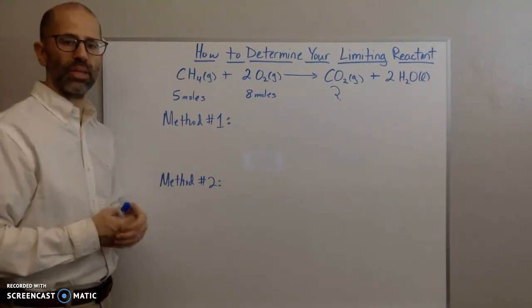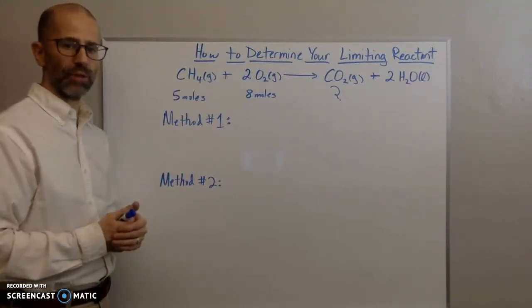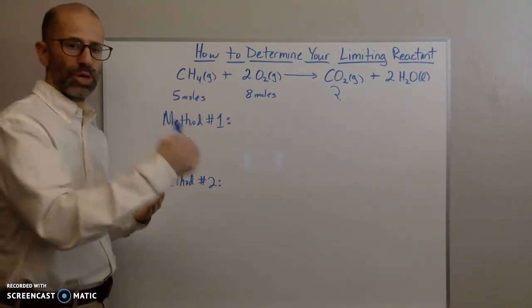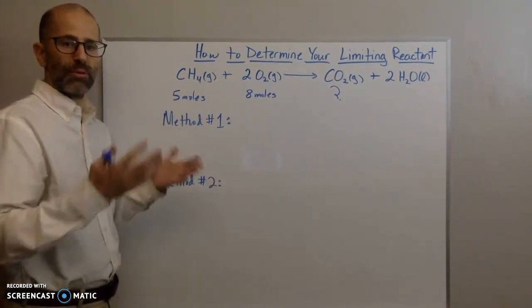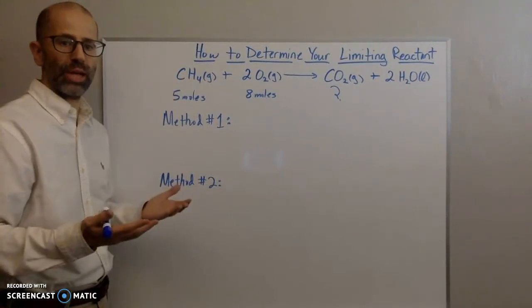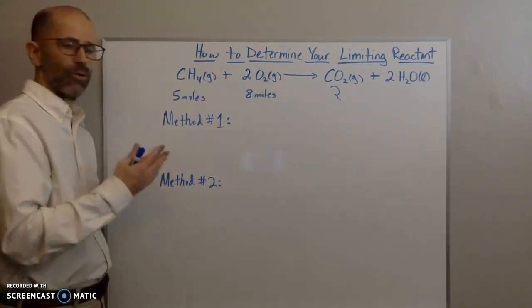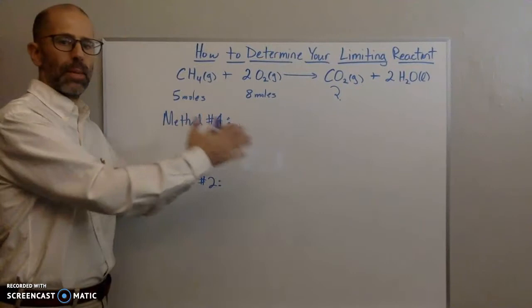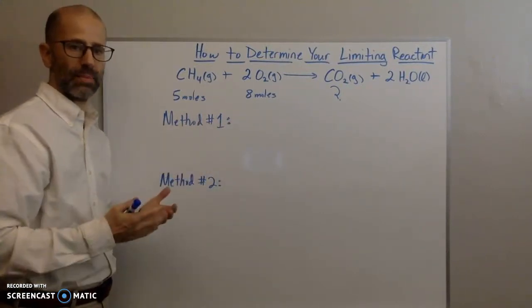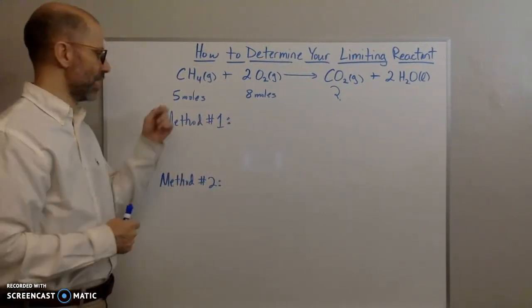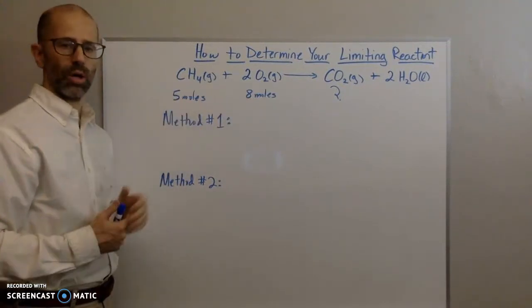The one that gives me the lesser amount is the limiting reagent, because as soon as I reach that amount, that reagent is gone. I have no more reagent to react, because I only have enough to make that amount. Then the reaction stops because I run out of one of my reactants.